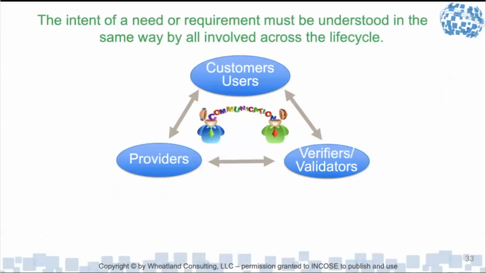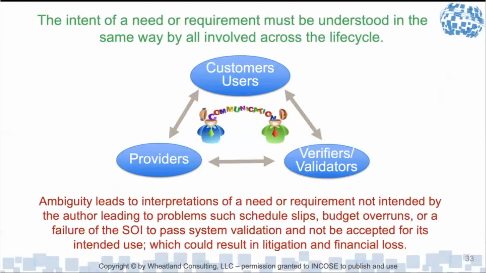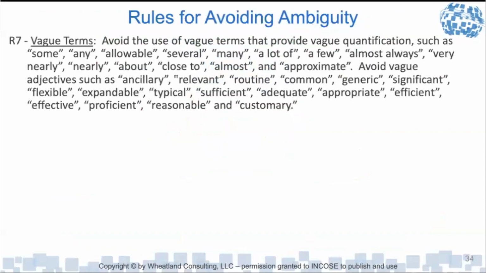So the customer users, the source of the requirements, the providers that have to implement the requirements, and those doing the verification and validation who run the test cases all need to interpret the requirement statements exactly the same way, or we have a communication issue. Ambiguity leads to interpretations of a needed requirement not intended by the author, leading to problems such as schedule slips, budget overruns, failure of the system to pass system validation, and not being accepted for its intended use, which could result in litigation or financial loss.